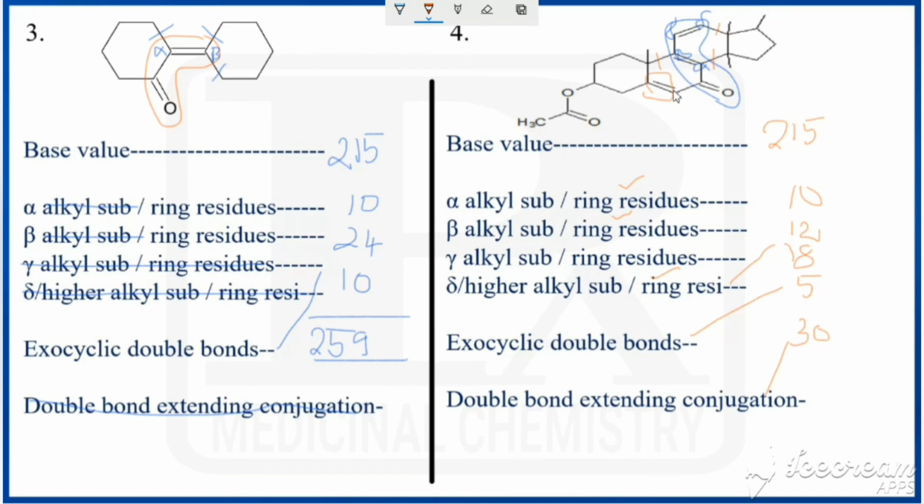That's why it is called a homoannular diene component. For that, we have to add the value 39. By adding all this, we are getting 329 nanometer as the lambda max for this structure. Next class we'll see some other examples related to this.